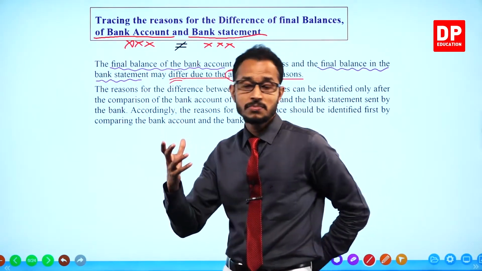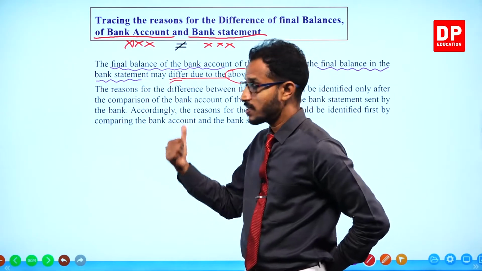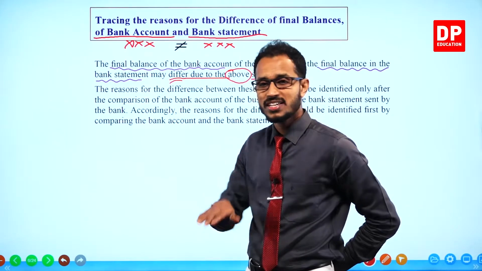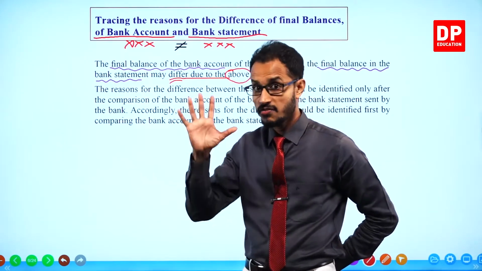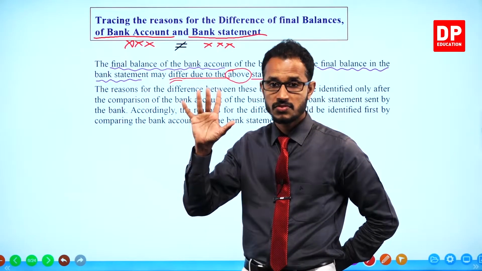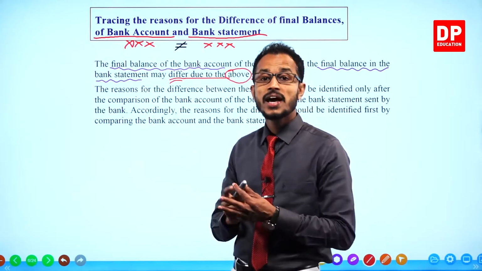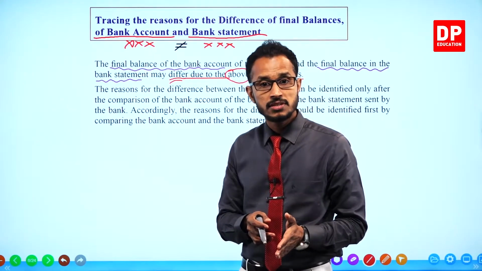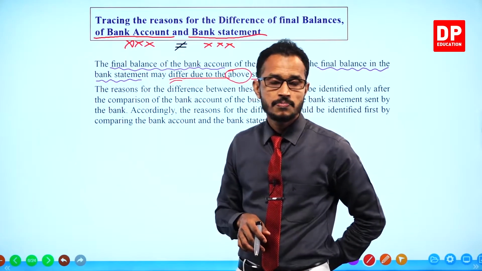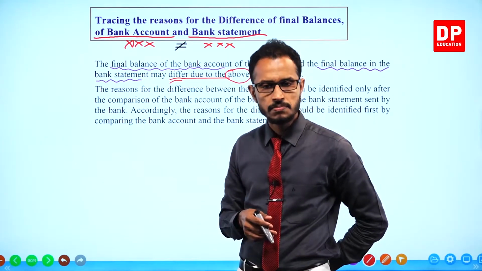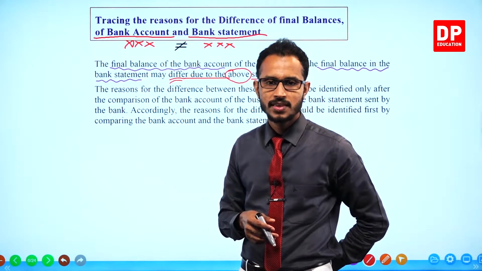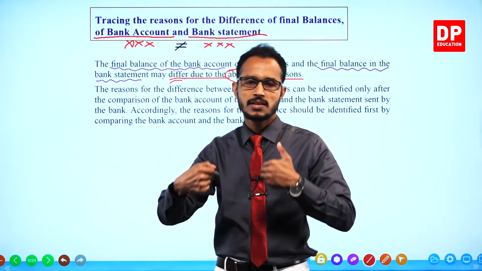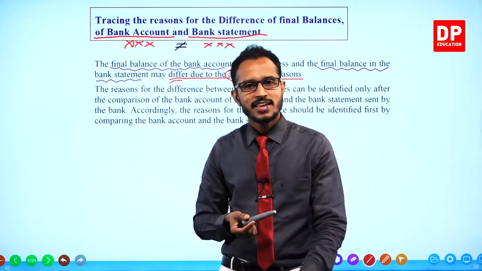Children, above stated means the things that we have done in the previous session. The reasons were done very clearly. 5 reasons were discussed in the previous session. That's why when I started this session, I mentioned right at the beginning, you better go and watch the previous session if you haven't watched it, and then you come back to this and continue with me.